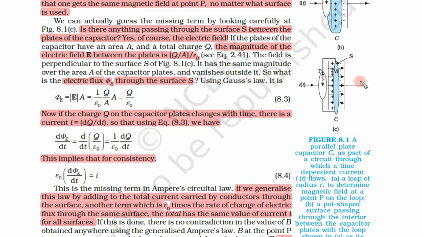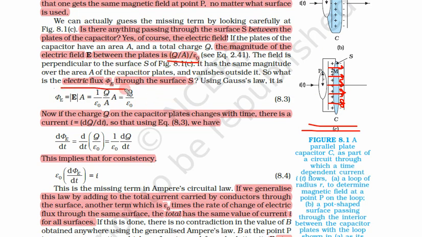So on examining this figure, we found that even when there is no current, there is an electric field which is uniform and crossing this surface S. The electric field is Q upon A epsilon naught.